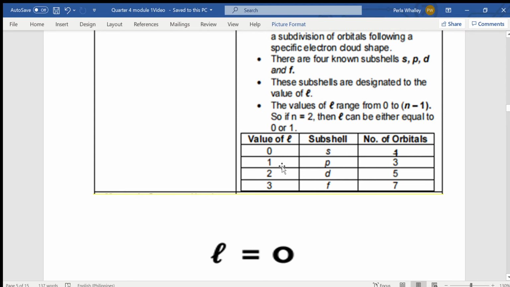When l is 1, subshell is p, and p has 3 orbitals. When l is 2, subshell is d, and d has 5 orbitals. When l is 3, subshell is f, and f has 7 orbitals. Subshells are also known as orbitals.